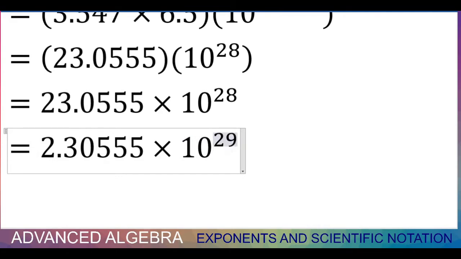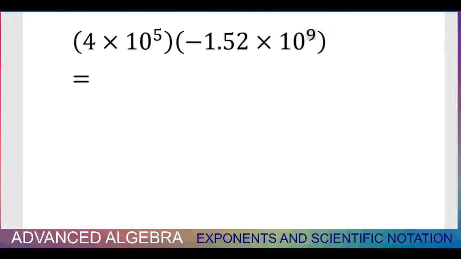Magiging 29, kasi nag-move tayo ng decimal place. See? Si 10 to the 28, magiging 10 to the 29 power. Okay. So, yan.